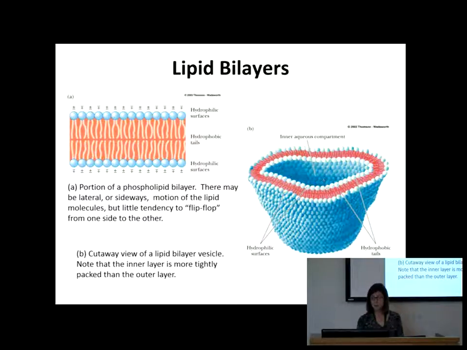So that's why we're going to do stuff to this bilayer to let things through. Small molecules, actually gases, can get through, like oxygen. Yes, Alex? How about shuttles? Yeah, shuttles, that's what we're talking about. There might be actually pores to let those molecules through, but we'll see about that in a second.